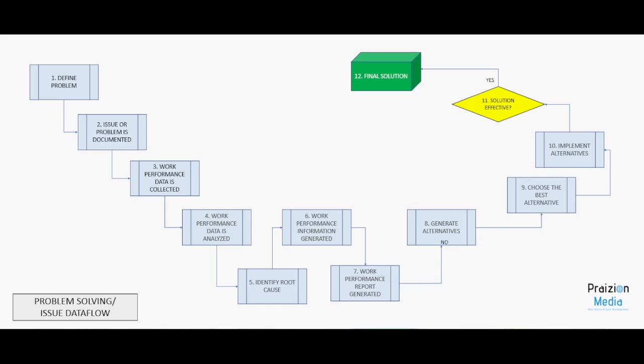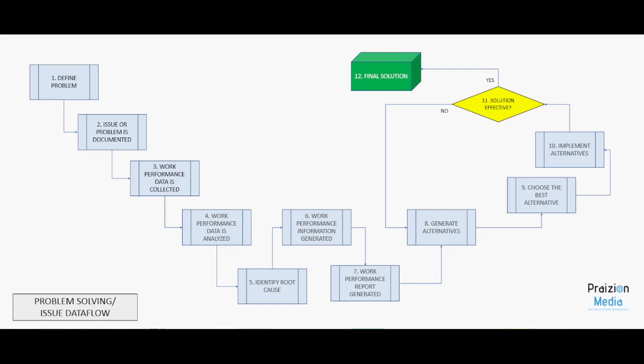If it is not effective, there's going to be a feedback loop back into step 8. You keep generating more and more alternatives, or you could go back to the alternatives that you did not deem that effective in the very beginning and check to see if those are actually plausible.